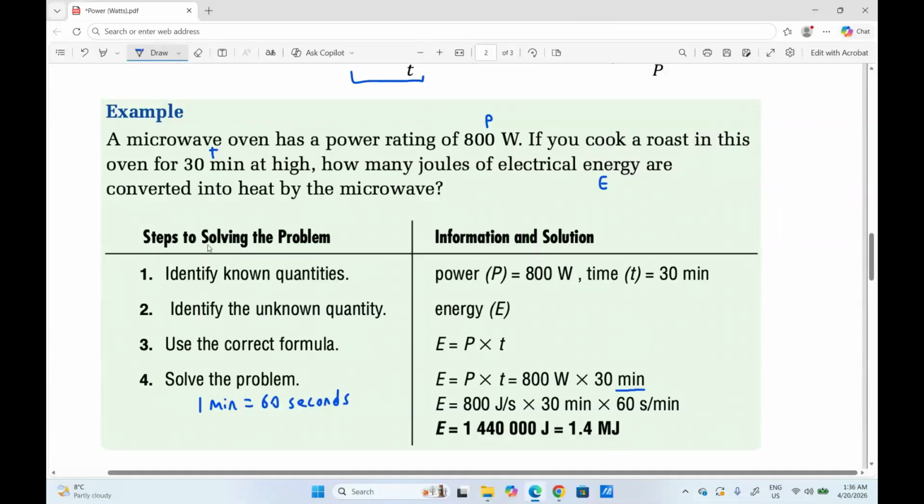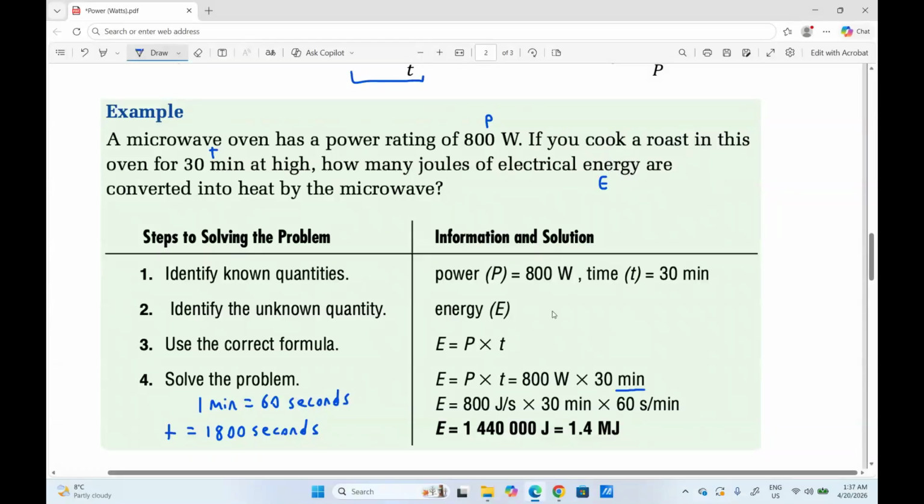So in this case, 30 minutes would just be 30 times 60. So in that case, I'm going to have a lot of seconds. So 60 times 30 is going to be 1800 seconds. That's actually going to be my time.